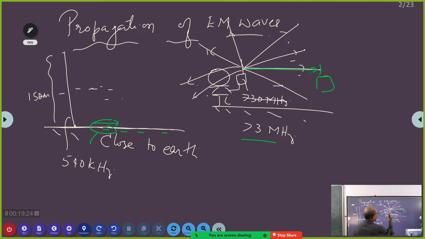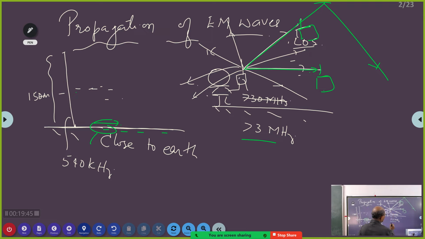This is called line of sight communication. If there is a receiver here, this can also receive it. But the only thing is, if it is sky wave, this can travel only up to a certain distance. It hits the ionosphere, then it comes back.